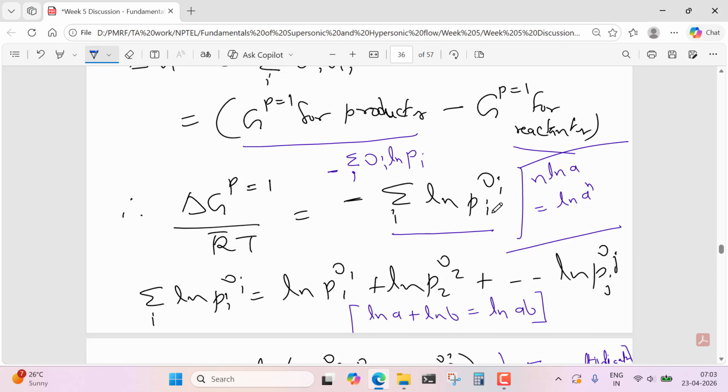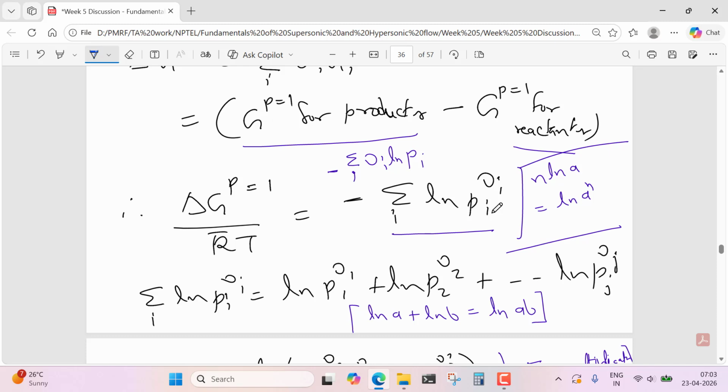Now sigma i log Pi to the power mu i is nothing but the summation of all these terms. If we write it, it will become log P1 to the power mu 1 plus log P2 to the power mu 2 plus and so on, up to Pj to the power mu j.